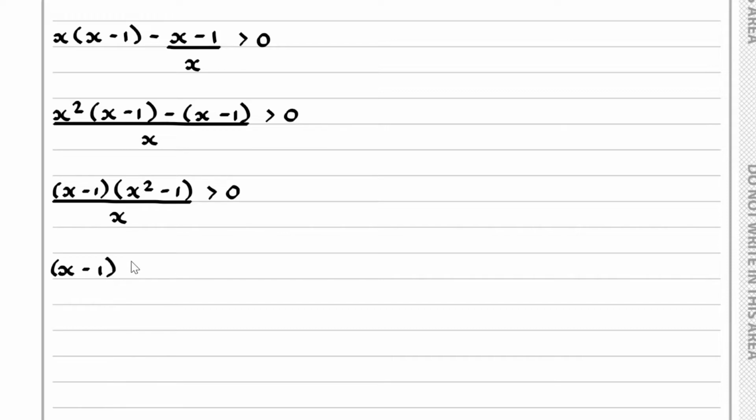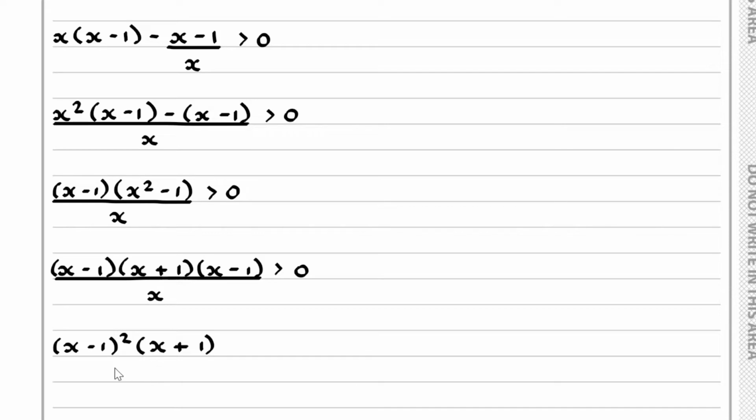So we've got x minus 1 lots of x plus 1 lots of x minus 1 divided by x being greater than 0. X minus 1 times x minus 1 is x minus 1 all squared, and then we are multiplying this by x plus 1, and then we divide by x. The result of this is greater than 0.